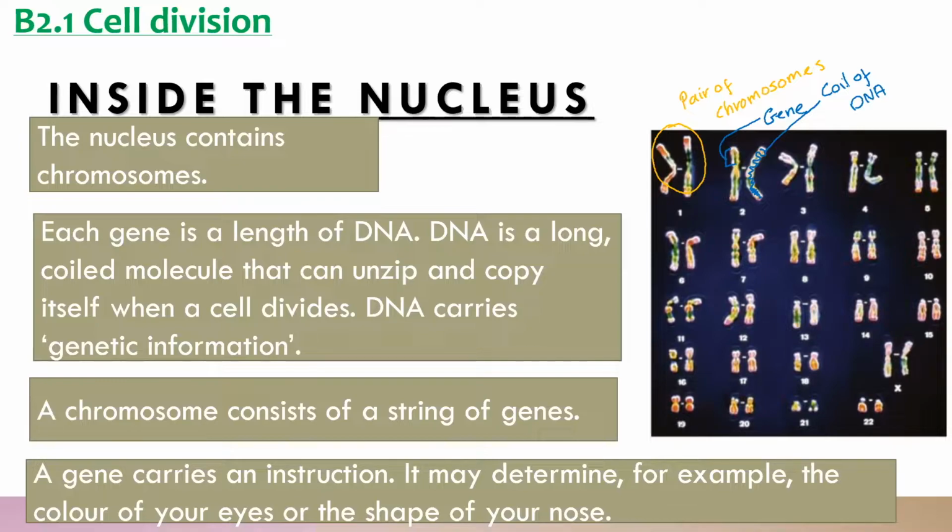So a chromosome consists of a string of genes, and lots of genes make up a chromosome. A gene carries an instruction. It may determine the colour of your eye or the shape of your nose. Some go into things like height, which is also environmental. All animals have chromosomes, and all plants have them as well.